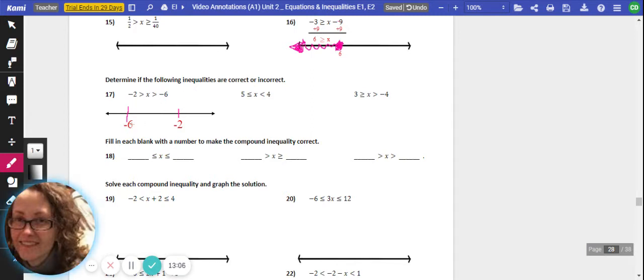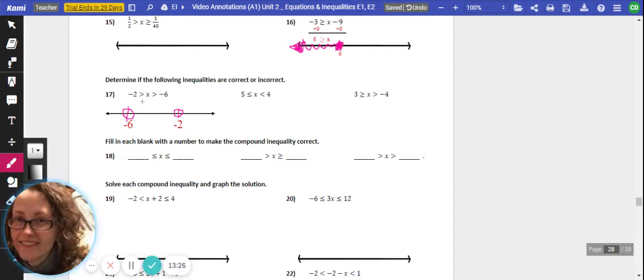So -6 is a smaller value than -2, so it goes on the left. And then I'm going to use open circles because I don't have any equal to underneath my inequalities.